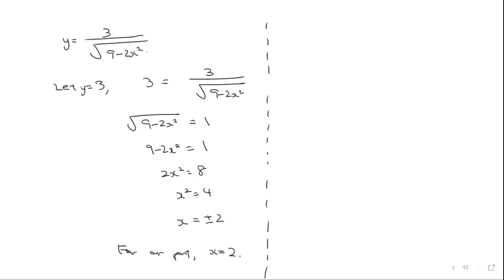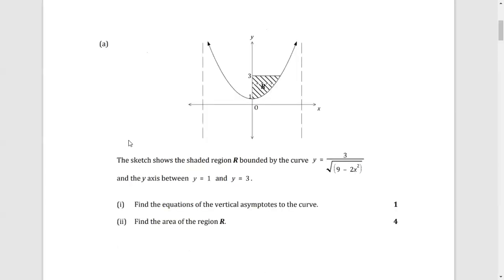Which means that our region area is going to be the integral from 0 to 2 of 3 minus y, because it's the top boundary. You want to slice it this way at the moment.